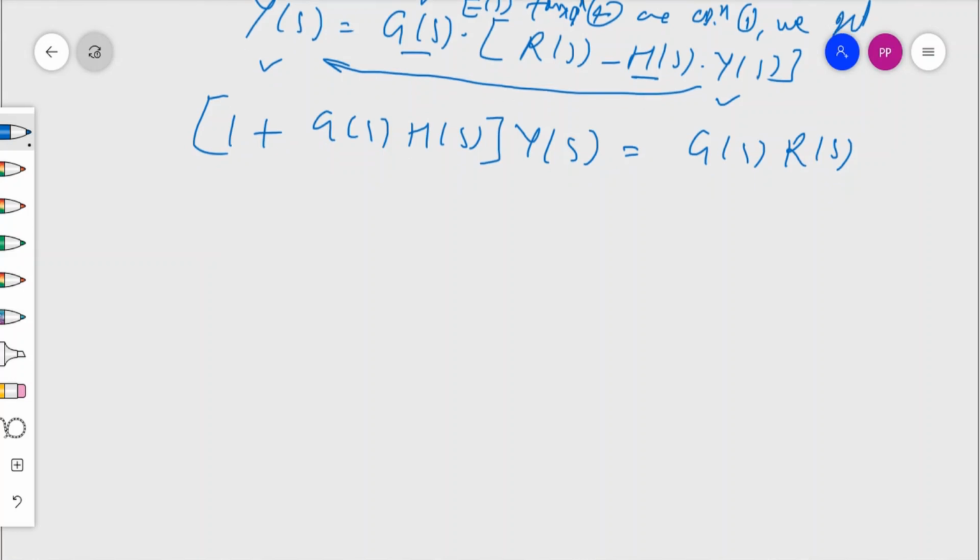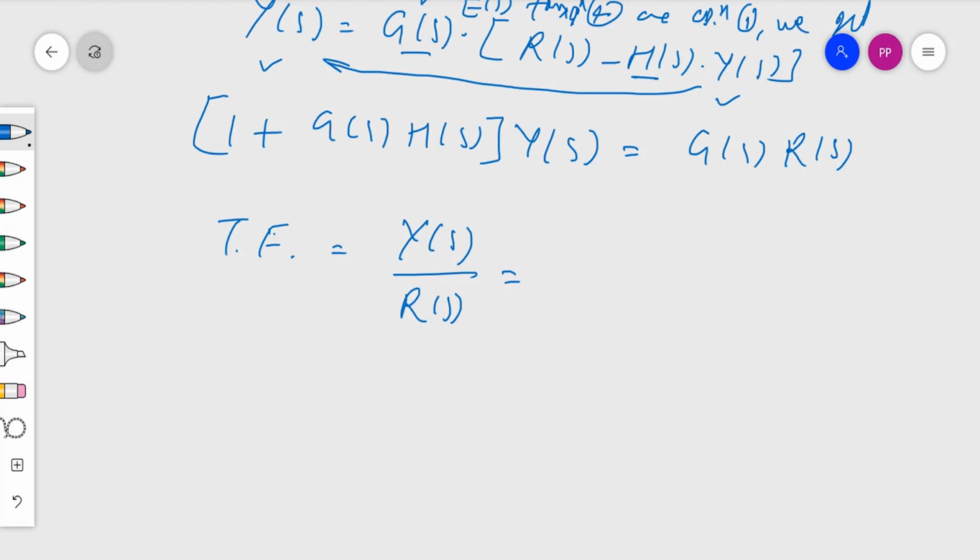Once we get this expression, from here we can obtain the transfer function, that is the relation from the input to the output. So we take the output divided by input. We call it the transfer function from R(s) to Y(s). So what is this?